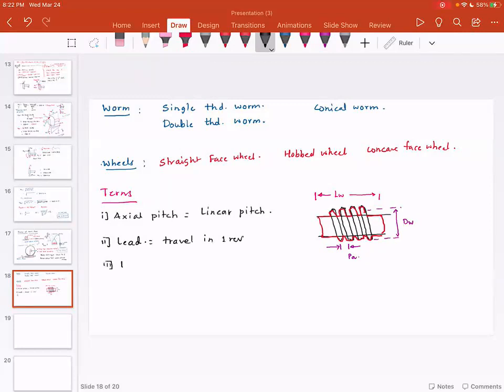Then you will have the lead angle, which is nothing but the angle between the tangent to the thread helix and the normal plane.